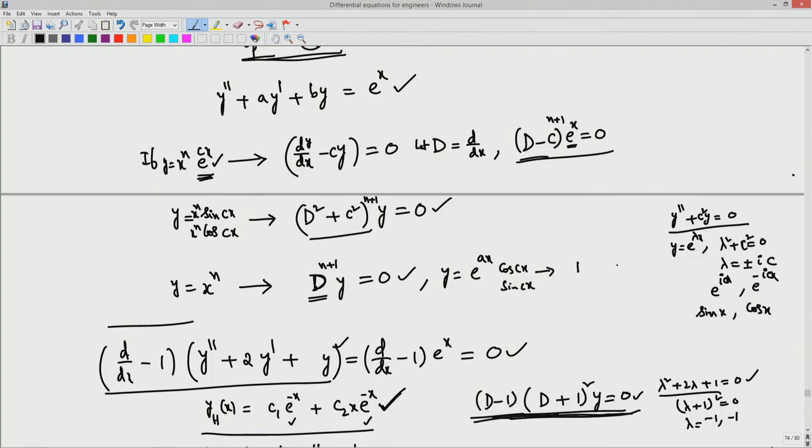Cos cx and sin cx are solutions of D square plus c square y. E power ax will be there if you have complex roots. So that is D minus a whole square plus c square. This is your annihilator. Acting on y, it will be 0.